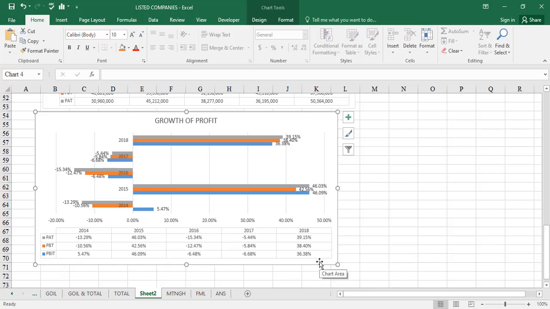Well, it must be noted that the profit after tax is affected by the amount of tax that the company paid in the period that we have reviewed. Okay, so in 2014 their profit before tax declined by 10.56%, as against 2016 where it declined by 12.49%, and 2017 declining by 5.84%. So this has been the growth rate of the company's profits.